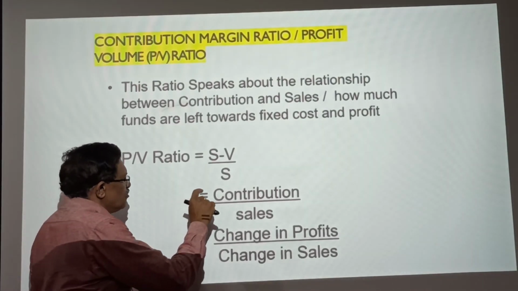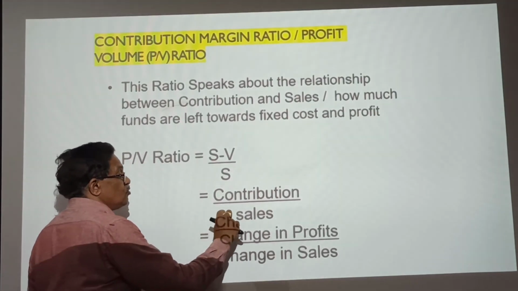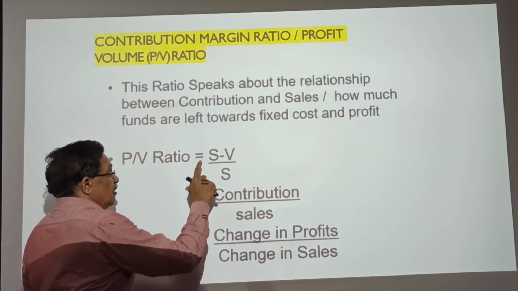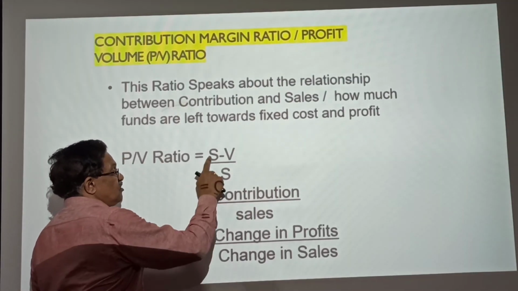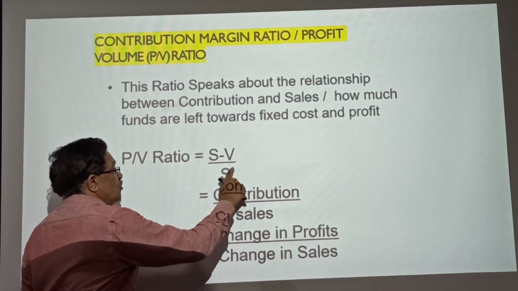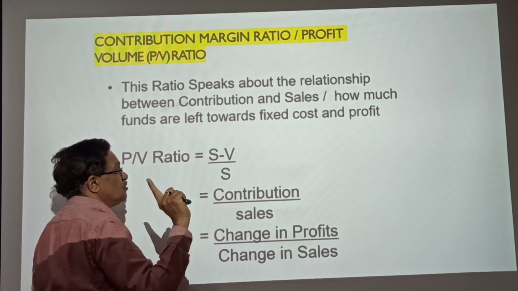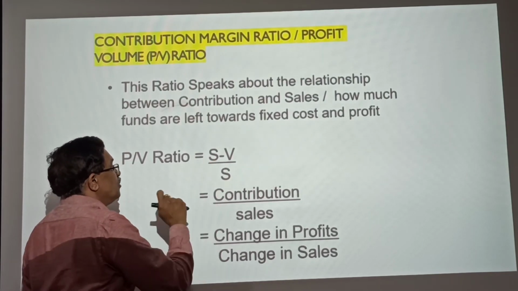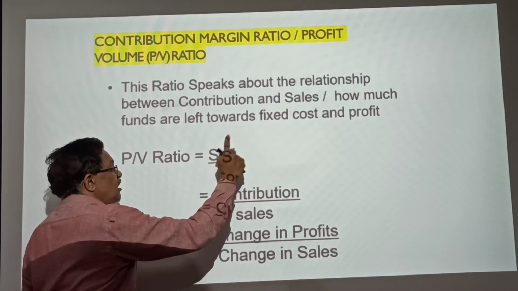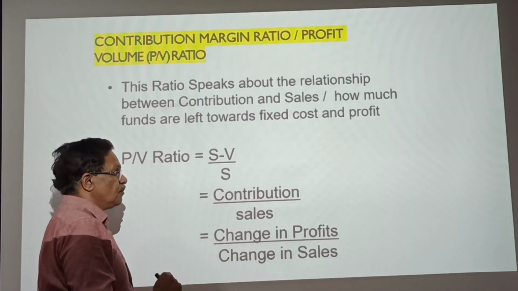How much contribution are we going to make when I make a particular sale? If S is 10 rupees and variable cost per unit is 5 rupees, this gives me 50%. 10 minus 5 divided by 10 is nothing but 50%. If I have a variable cost of only 4 rupees, this gives me 60%. If the variable cost is 7 rupees, it becomes 30%.